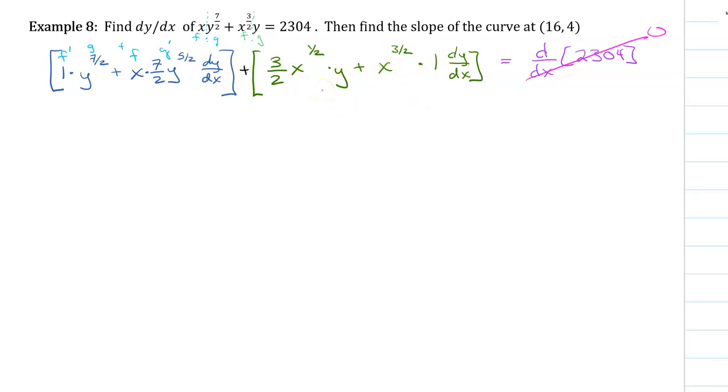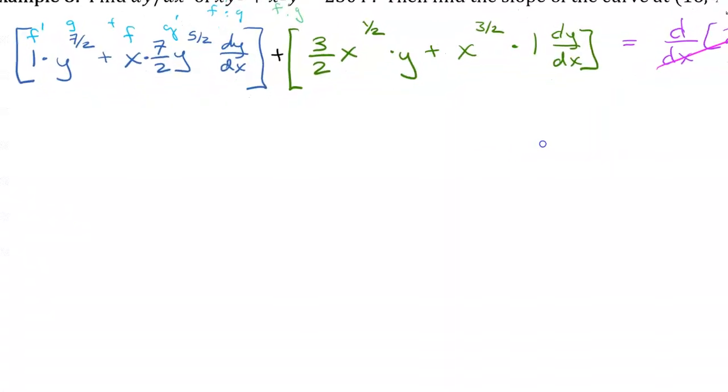So distributing and combining terms, moving dy dx to one side, and then getting rid of it all. So let us start this lovely process.